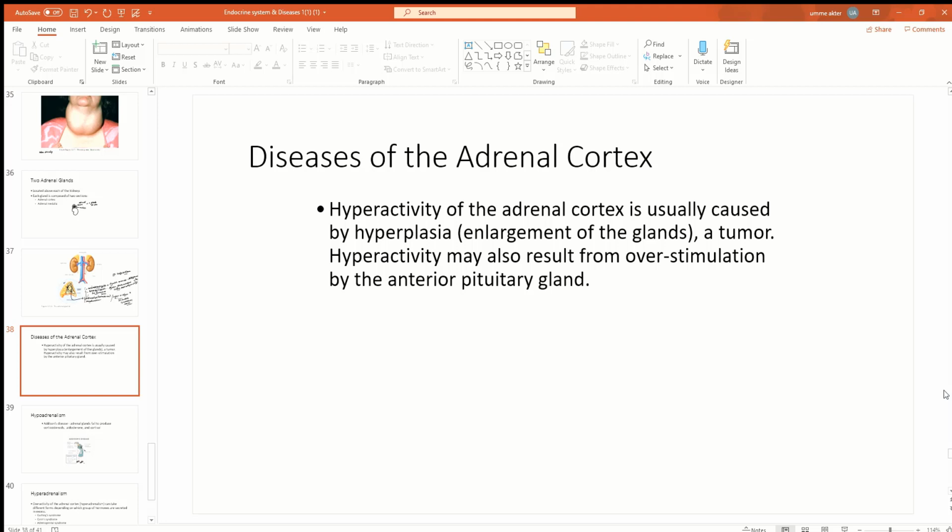Now, prolonged hypercortical activity, if the cortex of the adrenal gland is hyperactive for a long time, that causes a disease that is called Cushing syndrome.